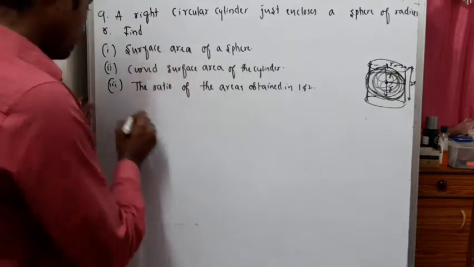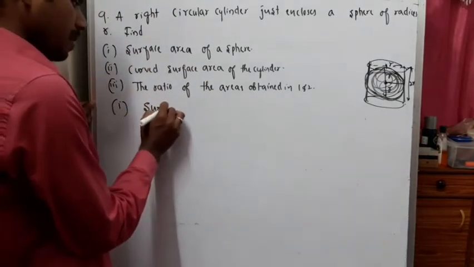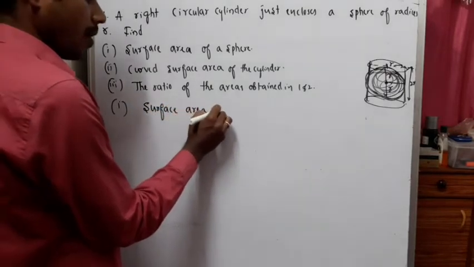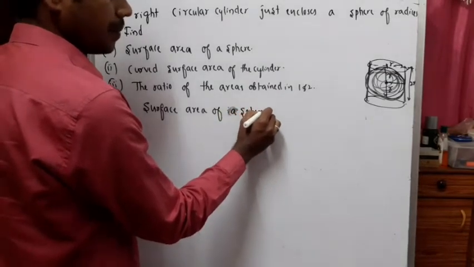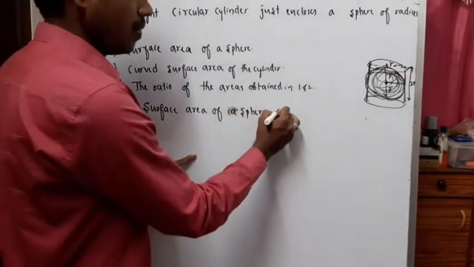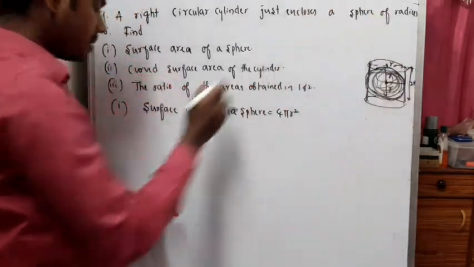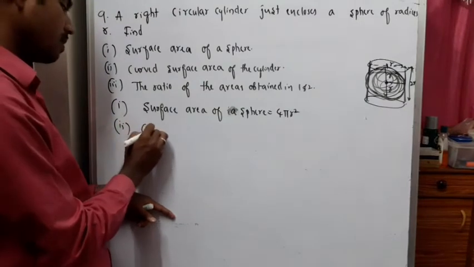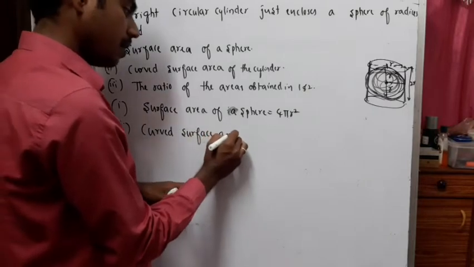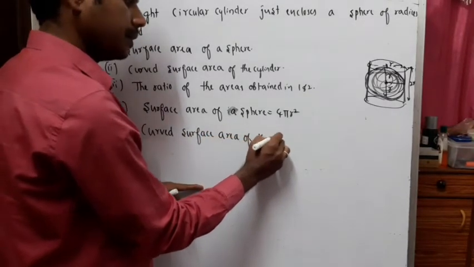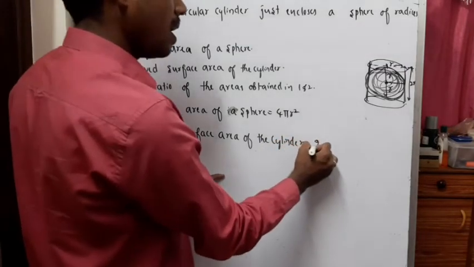Okay. Now, first one, surface area of a sphere. If the radius is r, then it will be 4 pi r square. Then the curved surface area of a right circular cylinder is equal to 2 pi RH.